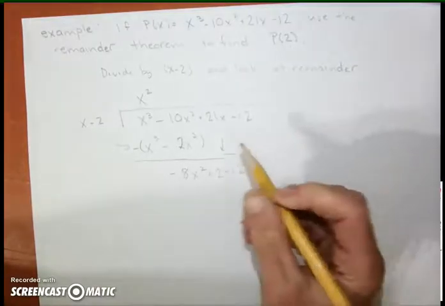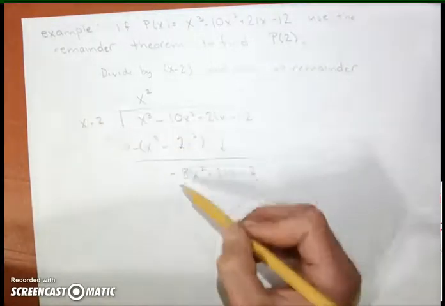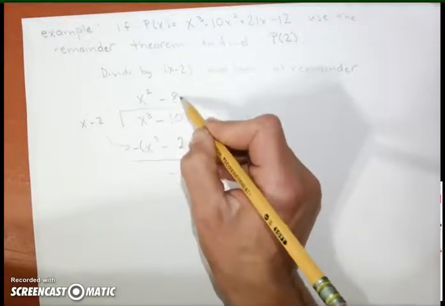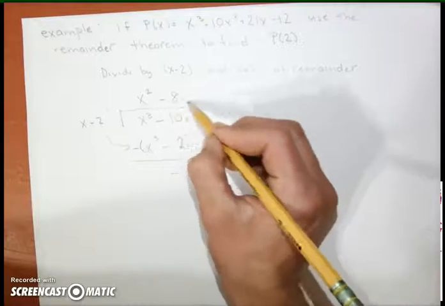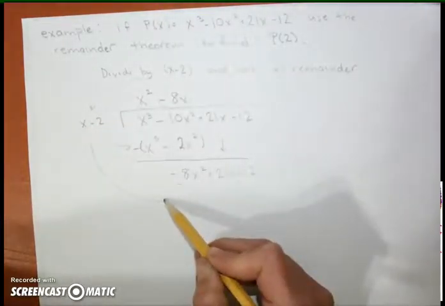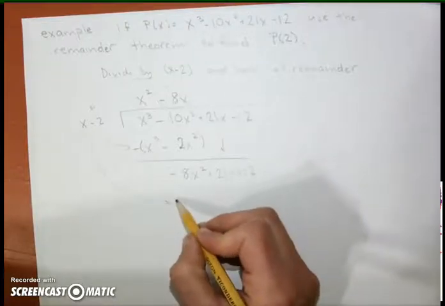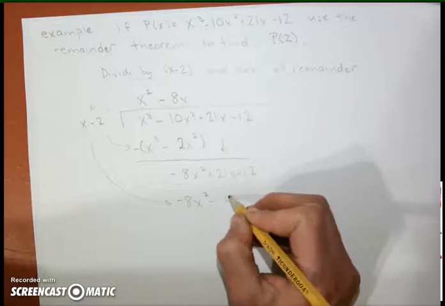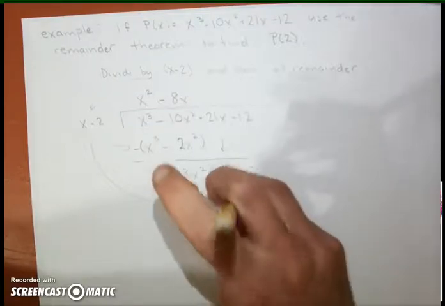and repeat the process, except I look to see how many times does x go into negative 8x squared. That's going to be negative 8x. I take this, I multiply it by that expression, and I put it below. So I get negative 8x squared minus 16x.